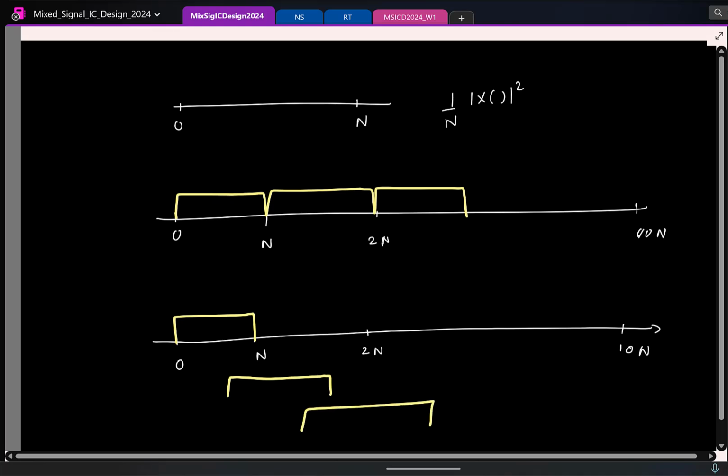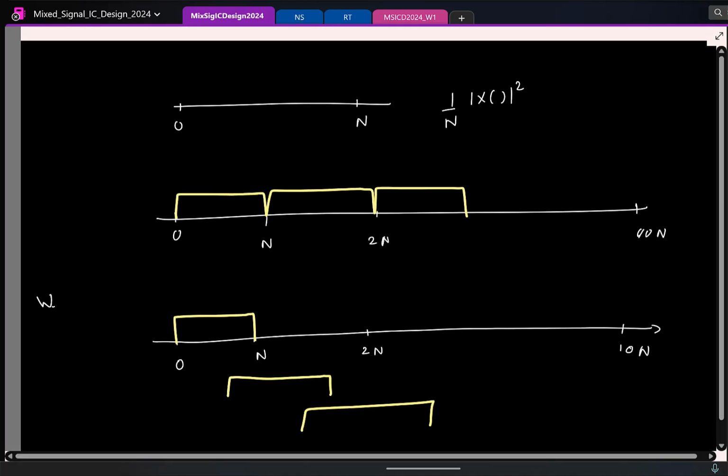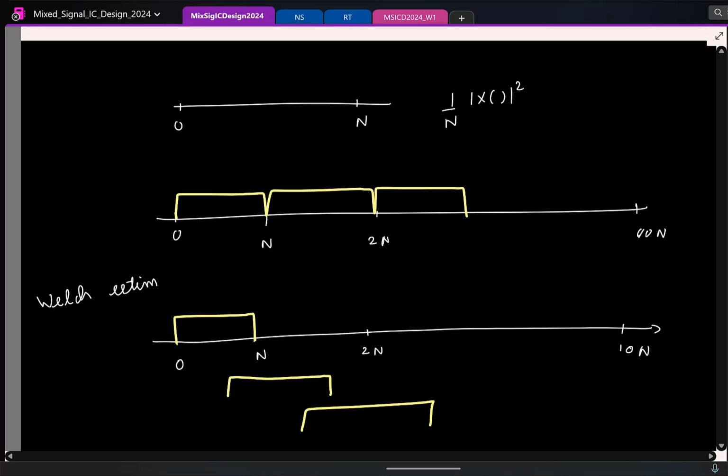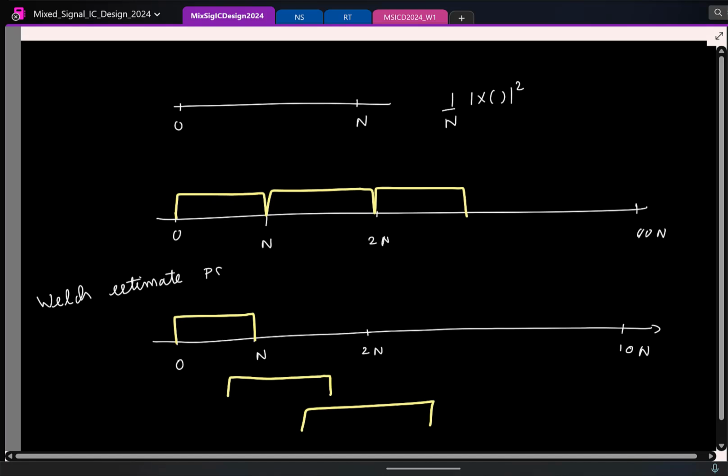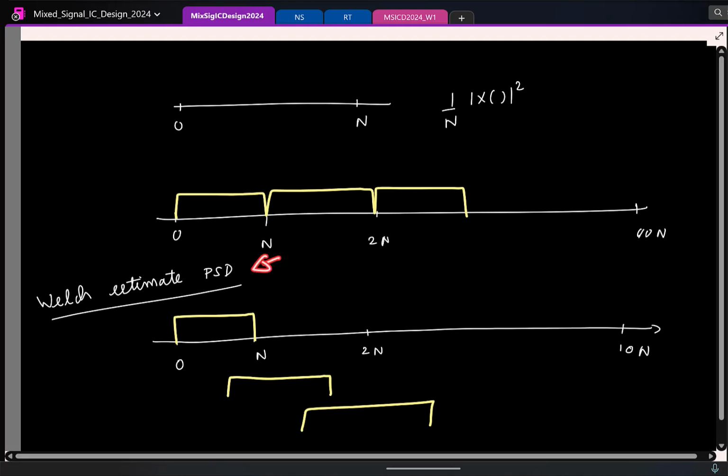This way you will have more and more segments for averaging for a given data set. So it is expected that the variations in the estimated PSD will also be smaller. And this is called the Welch estimate of PSD. This is what you will also be asked to use in this course in assignments. We'll come to it later.